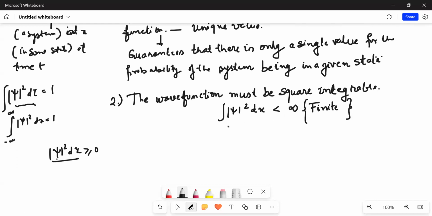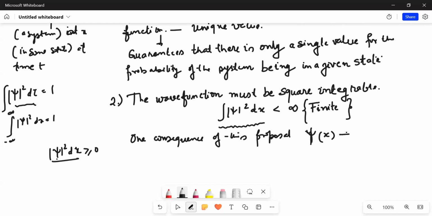And one consequence of this proposal, that we are also going to see a little bit later, is that the wave functions must go to zero as x tends to plus minus infinity.